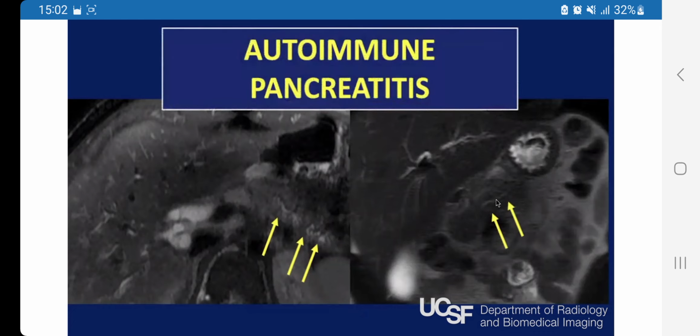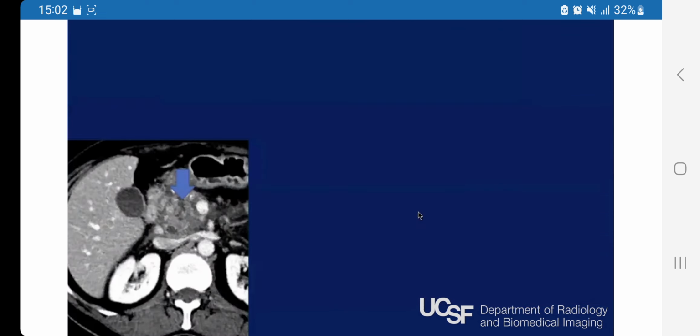This was a case of autoimmune pancreatitis. Usually it's difficult to determine, and some of these patients undergo Whipple's and pancreatectomies, but serum markers and clinical trial therapies may be able to help us. I will show you some more examples of autoimmune pancreatitis further on.